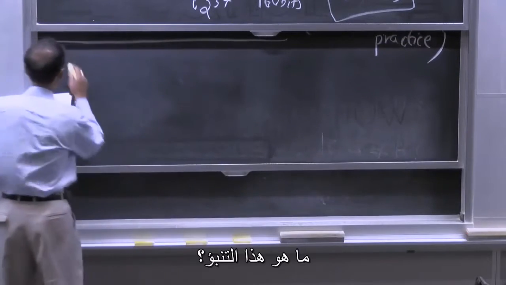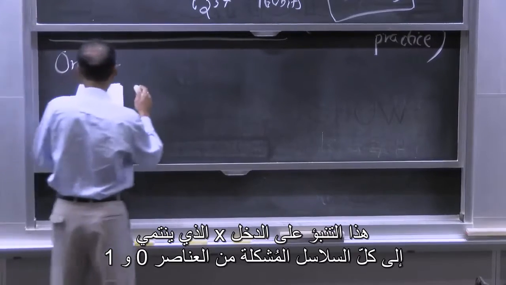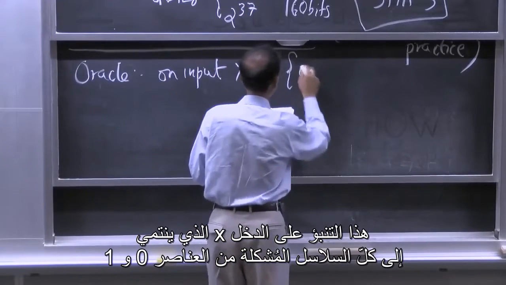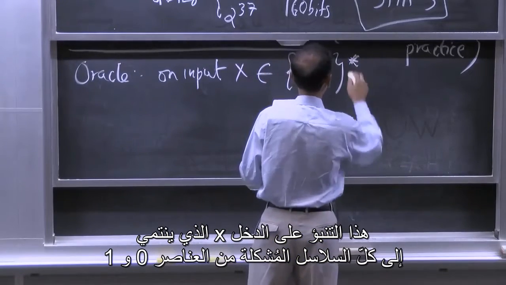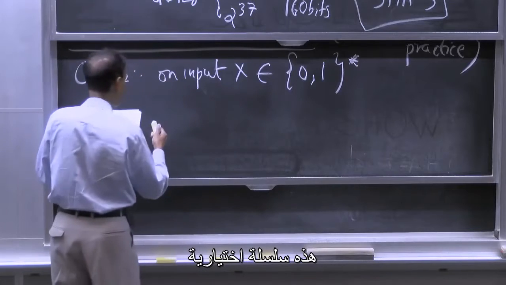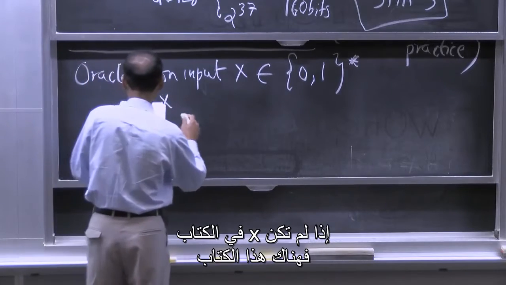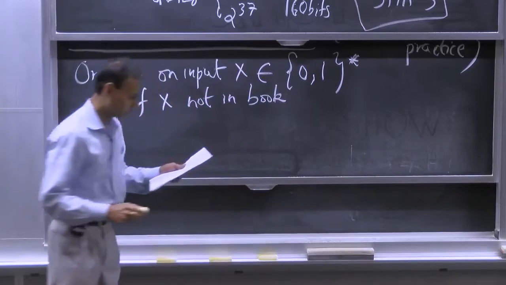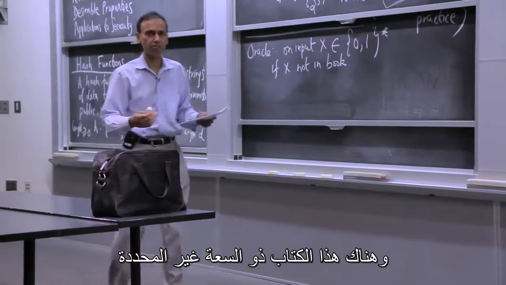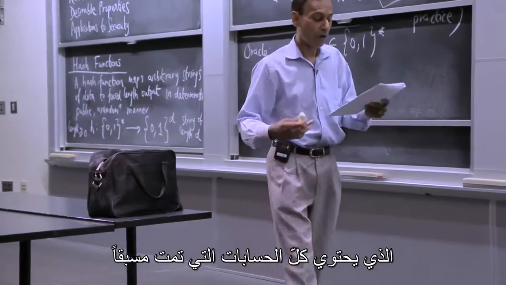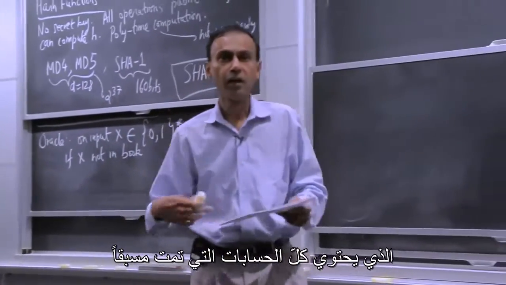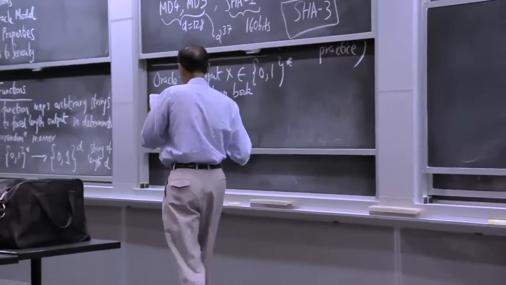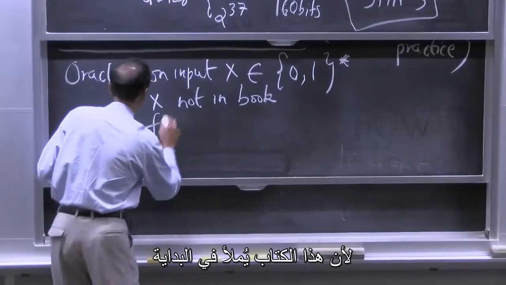So what is this oracle? This oracle is on an input x belonging to {0,1}*. So that could be an arbitrary string. If x not in book, so there's this book, and this is this infinite capacity book that has all of the computations that were ever done prior, and they're always stored in the book, and that's how we're going to get determinism, because this book initially gets filled in.